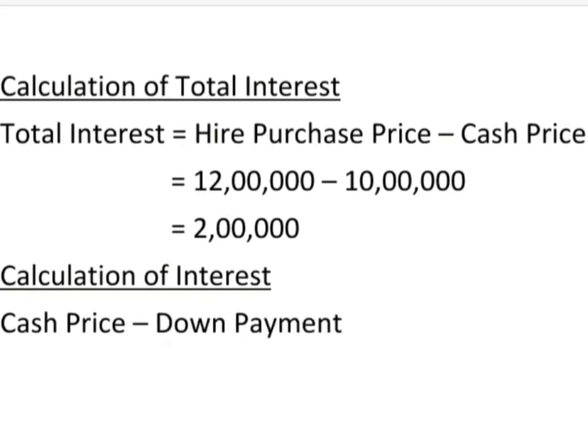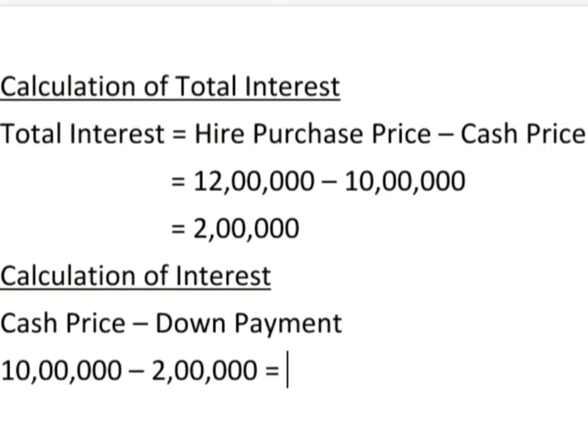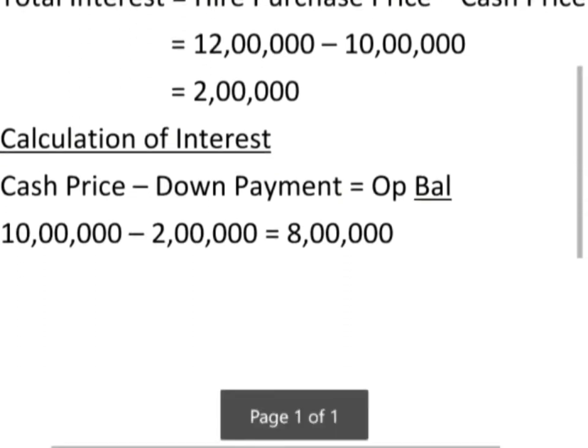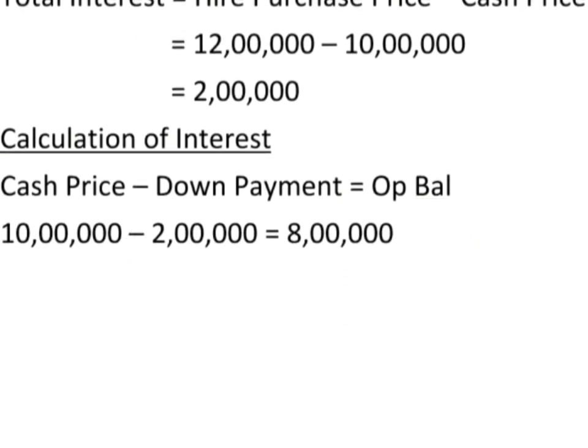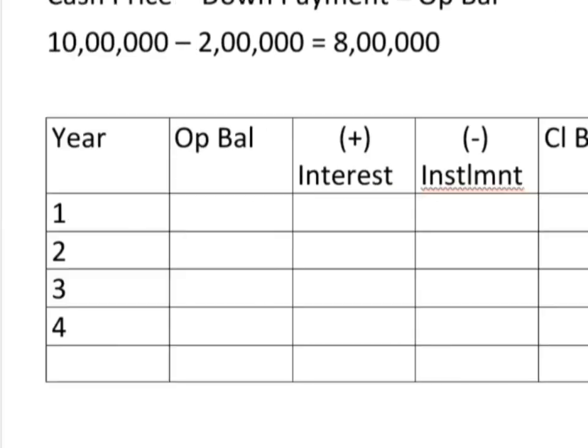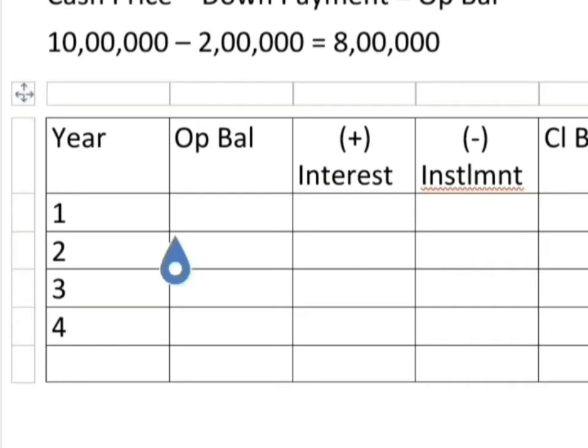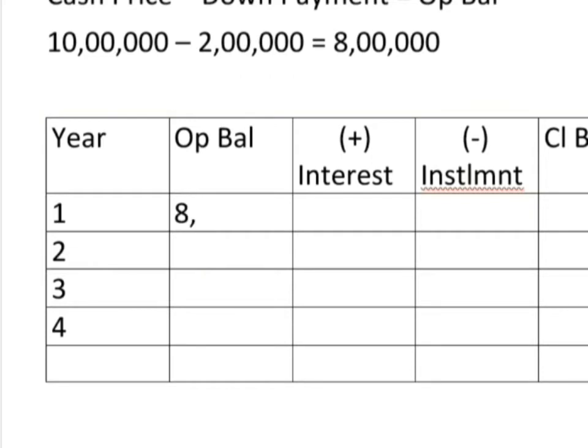So cash price, as we know, is 10 lakhs minus down payment which was given in the question, rupees 2 lakhs, and therefore opening balance is 8 lakhs. Now further we can calculate interest by making a table, and in that, the formula is opening balance plus interest minus installment will give closing balance.